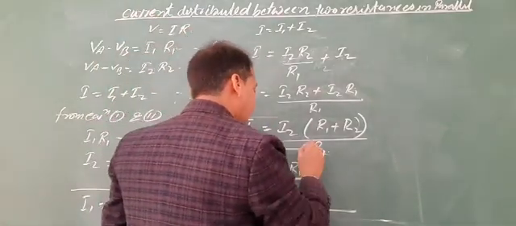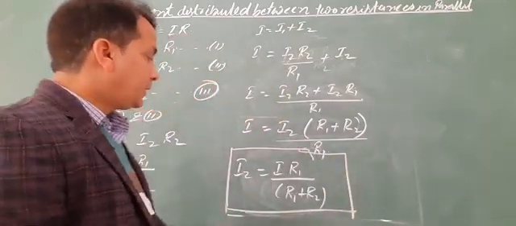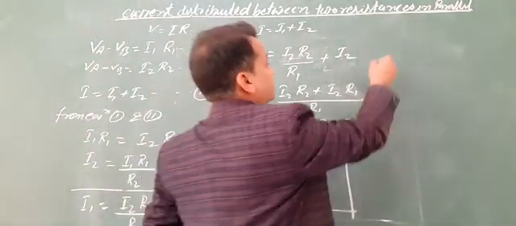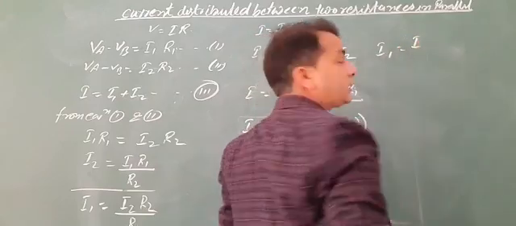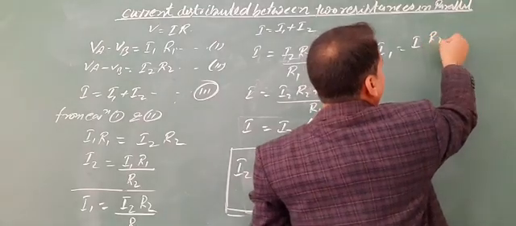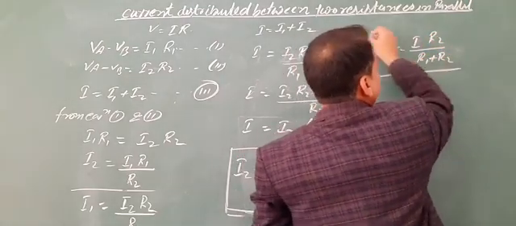So the individual current across R2 is I R1 by R1 plus R2, and current I1 equals the total current I times R2 by R1 plus R2.